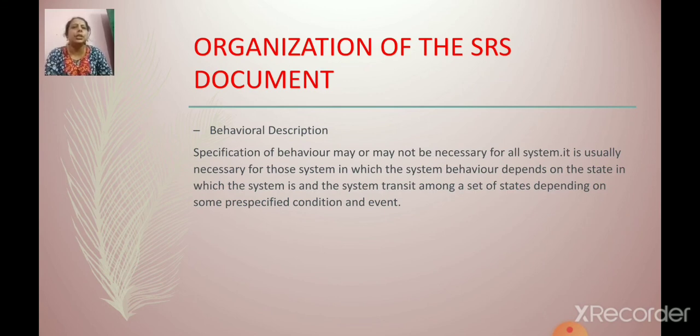It is usually necessary for systems in which the system behavior depends on the state the system is in, and the system transits among a set of states depending on some pre-specified conditions and events. It means if the system goes to another state, its pre-specified behavior depending on the different state is described in behavioral description.